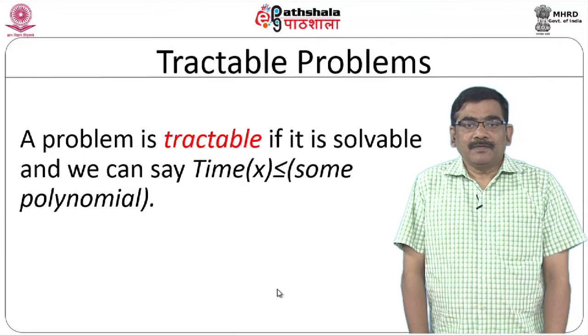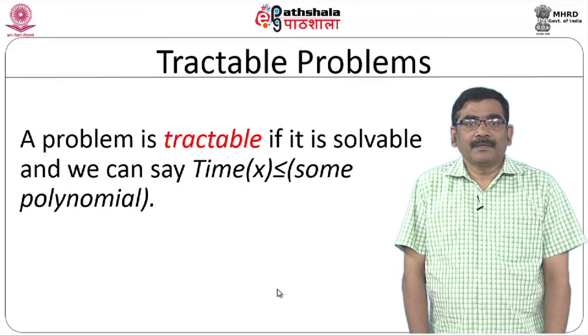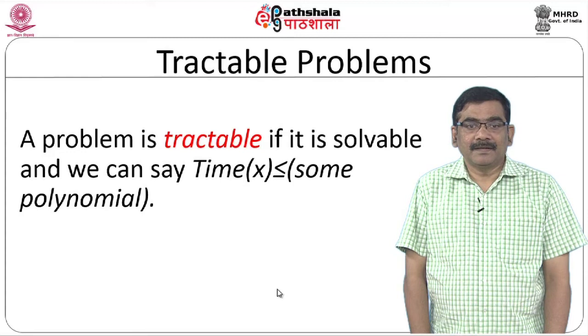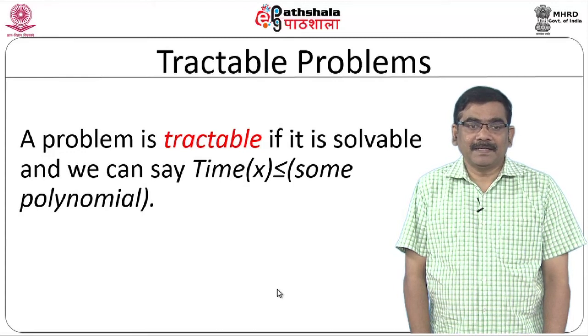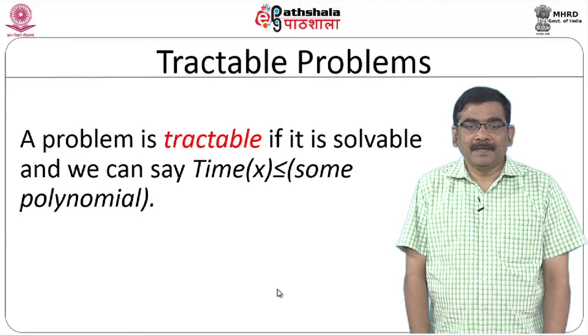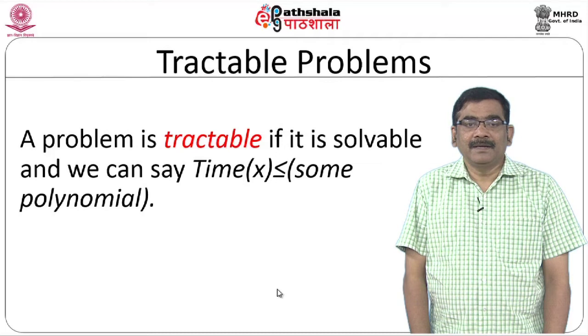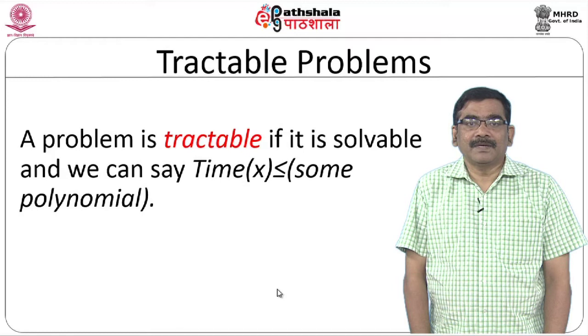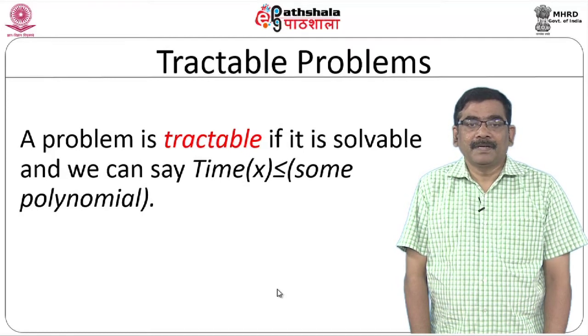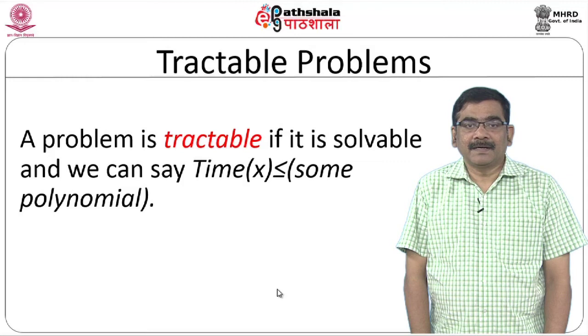From the concept of solvability, we get the concept of tractability. A problem is tractable if it is solvable and also solvable in time that is less than or equal to some polynomial time. If that is the case, then we say that the problem is tractable.